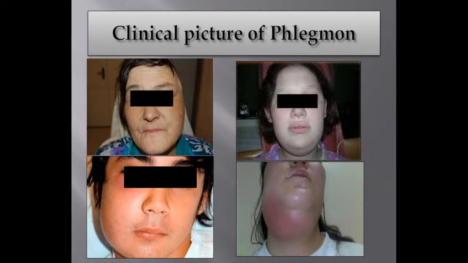On the lower jaw, it's phlegmons of the superficial areas, submandibular, for example, in the lower right photo. And on the left photo, it's submasseteric. And you can see reddening or hyperemia of the skin, which we can see in the profound phlegmons. Severe swelling of the soft tissues.